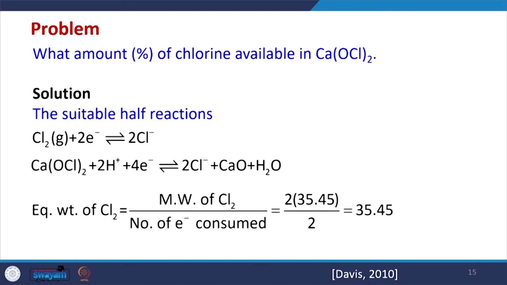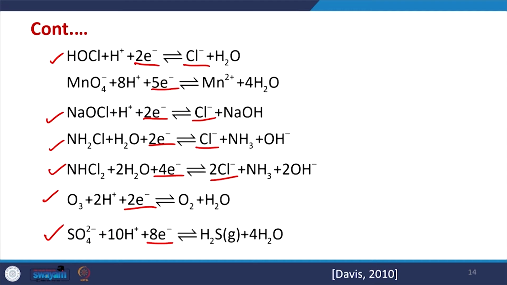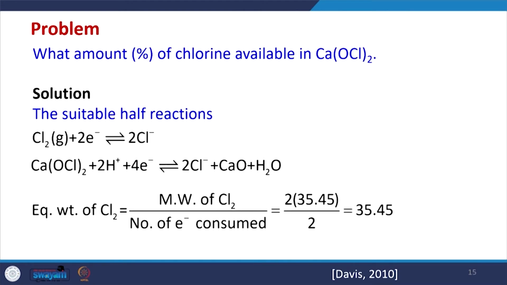So, this question is given here and we will try to solve it using these half reaction equations which we have considered right now. The same method can be used for different other compounds as well. For CaOCl2 the suitable half reactions are given here.